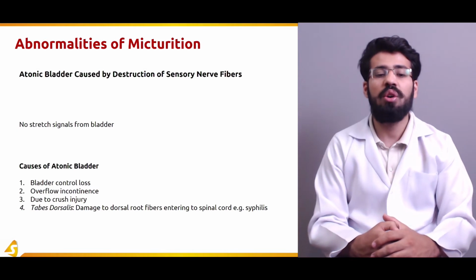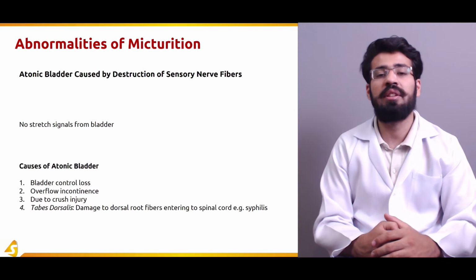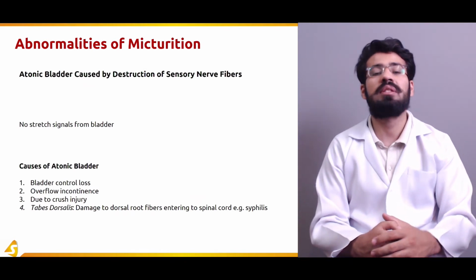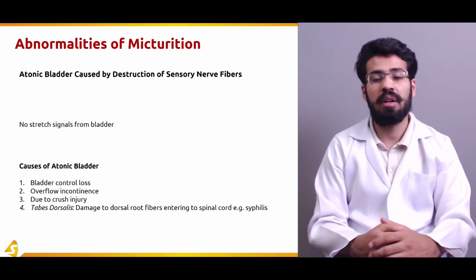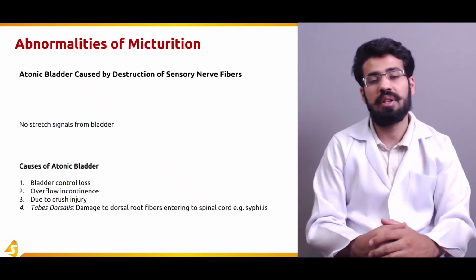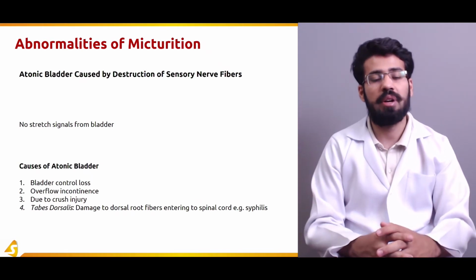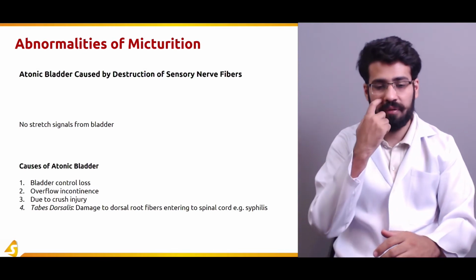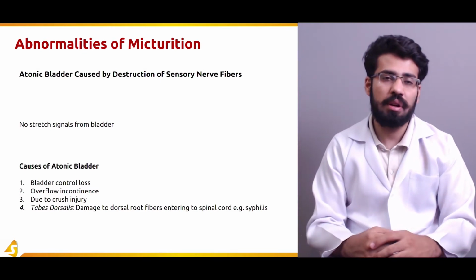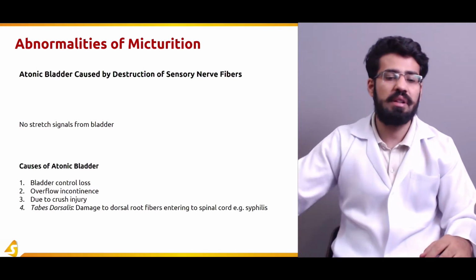That includes overflow incontinence. It can also be caused by a crush injury, because the injury can hit or damage the spinal cord, and it can damage the sensory nerve fibers, which causes the contraction of the urinary bladder. It can also occur because of several diseases, for example, in this particular case, syphilis.